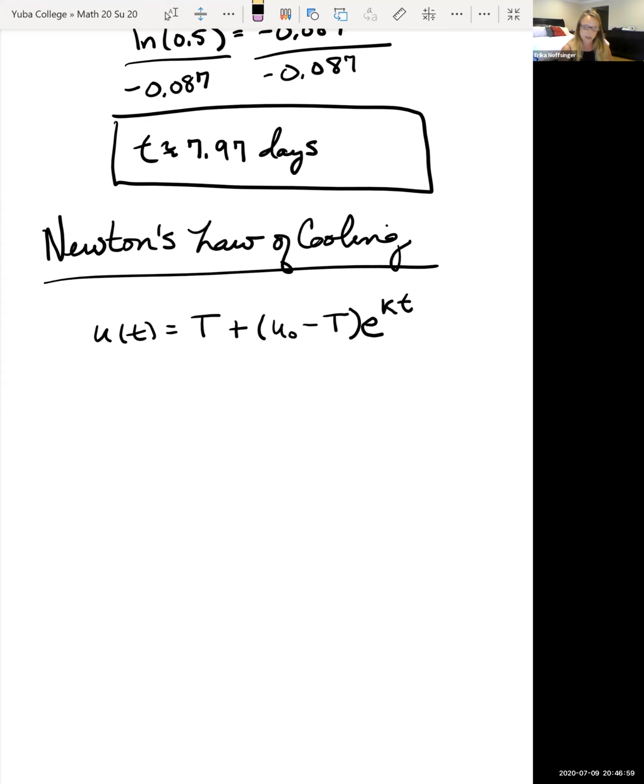Newton's law of cooling states that the temperature of a heated object decreases exponentially over time towards the temperature of the surrounding medium.